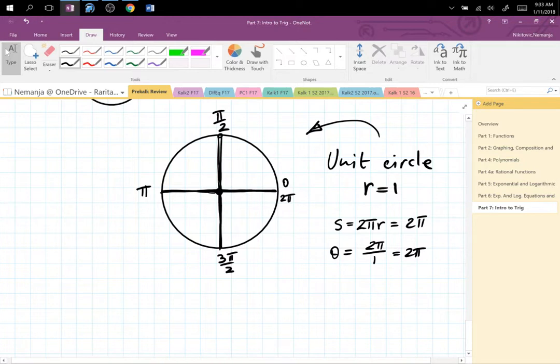Now, if you want to think about degrees, you see that degrees for this particular application might not be the best way to measure things, because you work with 0, 90, 180, 270, and then 360. Do you really want to drag 270 through your calculations? Hopefully not.